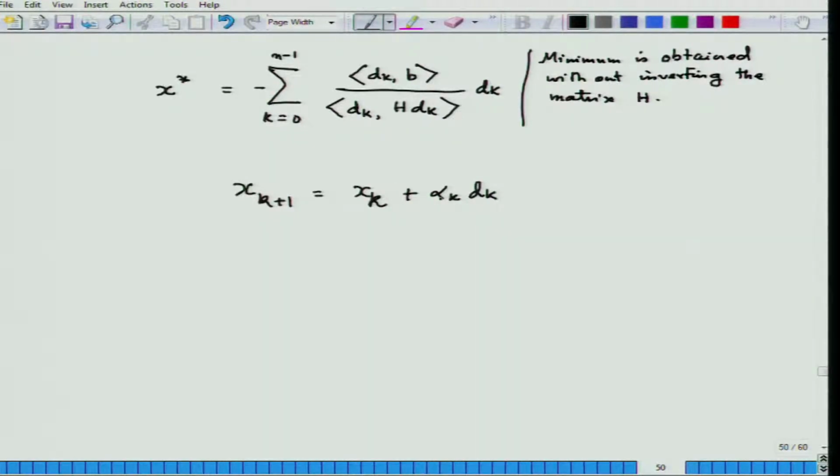This alpha k, this length that you see here, can actually be computed out.